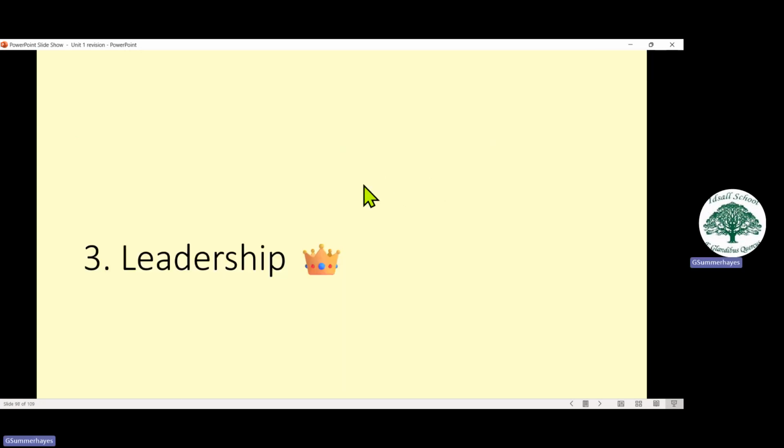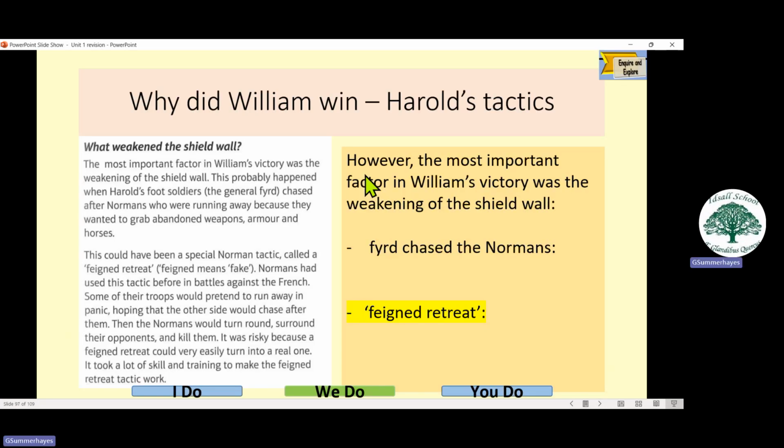They weren't as well trained to stay in the shield wall. So the next time they went up, he said, just watch for that. If they chase after you when you retreat again, turn around and get through the hole. And it worked. And they got through the hole. And once you're through the hole in the shield wall, it's like putting a pin in a balloon. It's no use after that because you can get around the back.